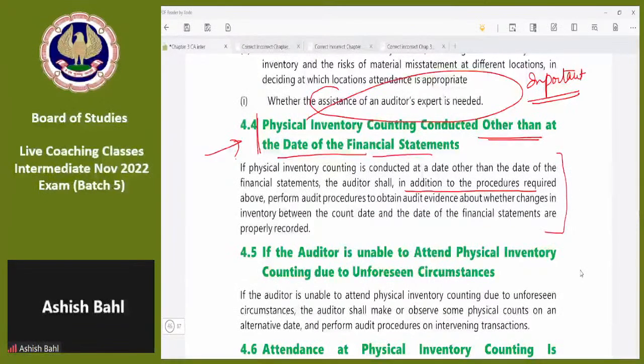What kind of procedure? What is the change between the 31st March and 15th of April. If he takes the physical inventory at 15th April, then he can make a back calculation.